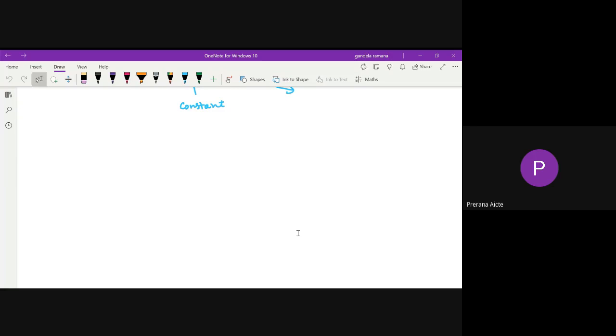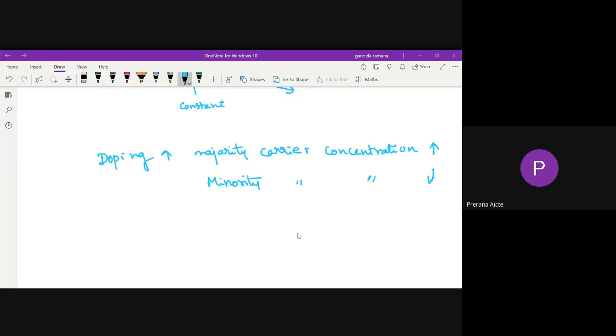Minority carriers decrease. Finally, the product is constant. So the mass action law states that at thermal equilibrium, when doping increases, majority carrier concentration increases and minority carrier concentration decreases. Finally, the product is constant. In an intrinsic semiconductor, n equals p equals Ni.